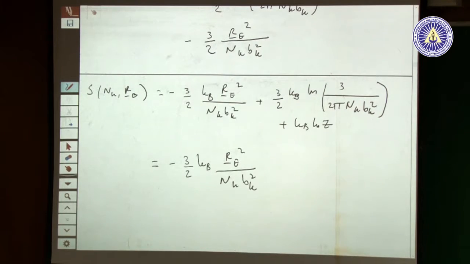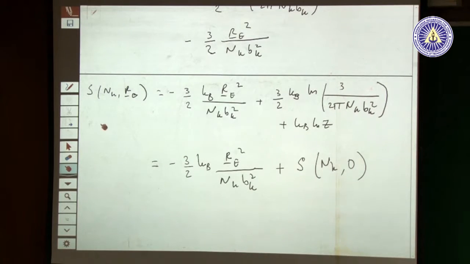This is the main term that depends on Re and nk, and the rest depends on nk. So, I will just say this is S of nk comma 0, where this could be for Re equal to 0, or it does not matter. It is just a constant addition to that entropy term.